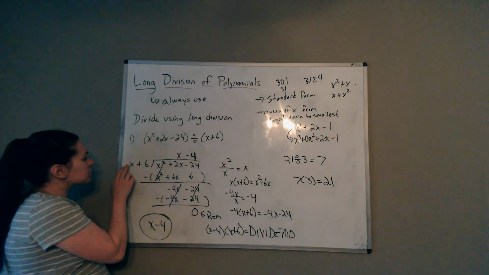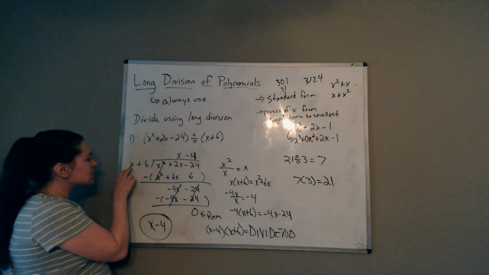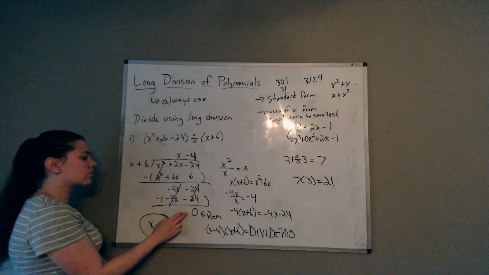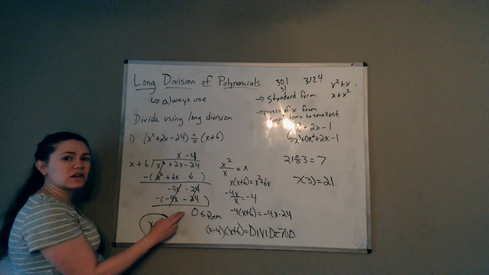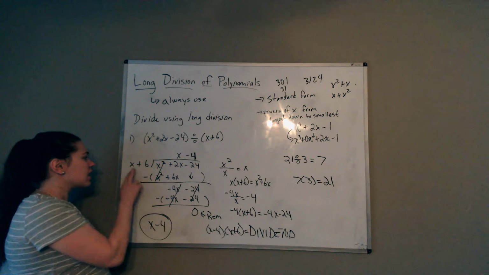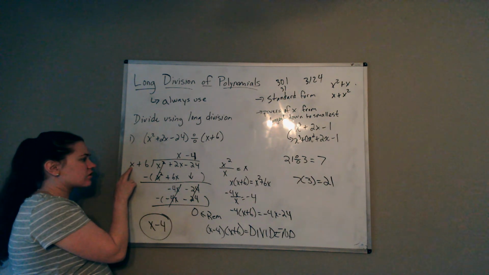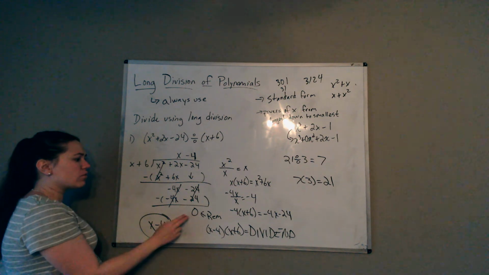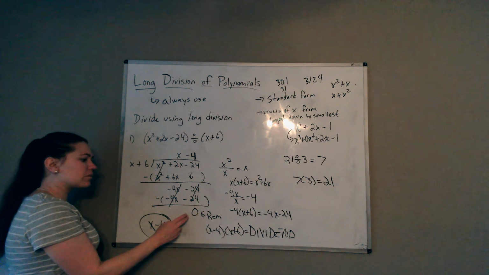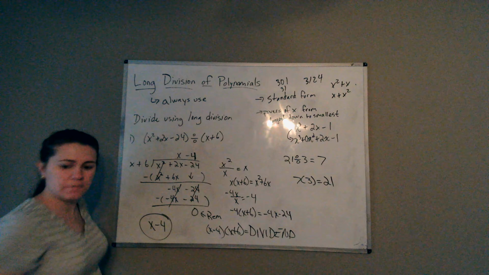It either has to be smaller or equal to the leading degree of what's left in the dividend. This term right here cannot have a higher degree than the leading term in the dividend.